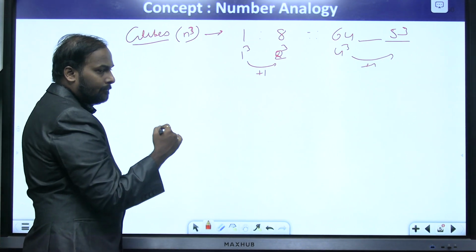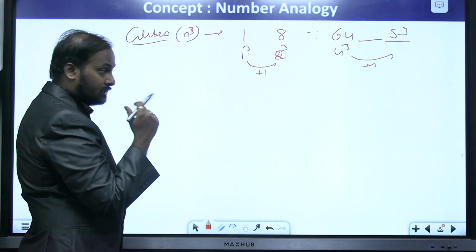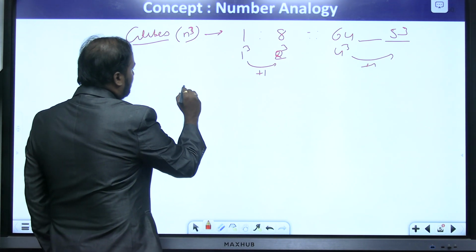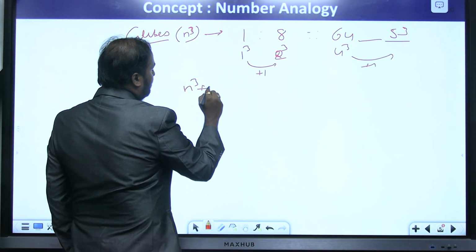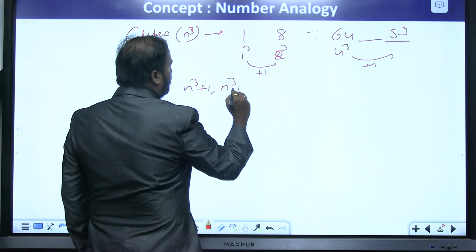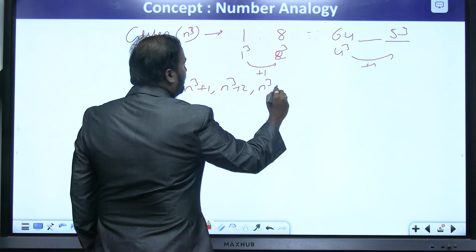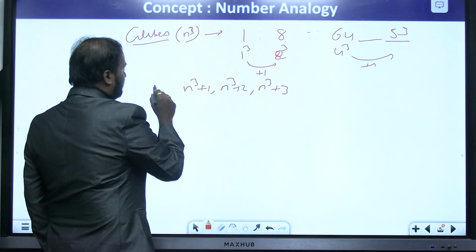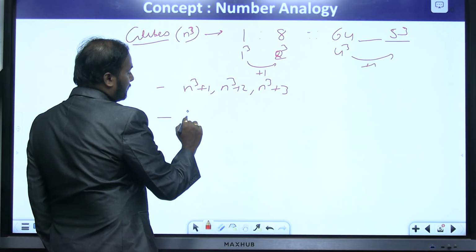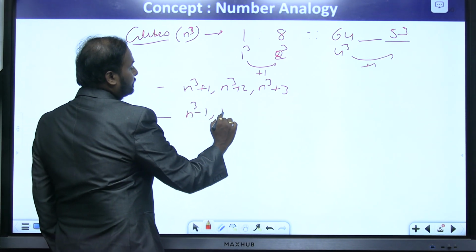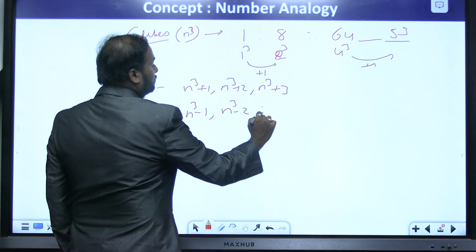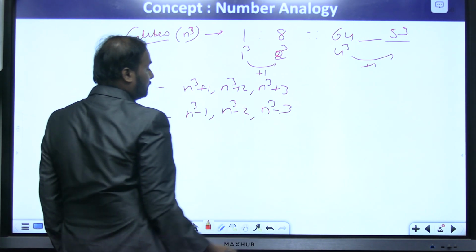Similarly, we can expect many types of questions in this format as well. For example, questions like n cube plus 1, n cube plus 2, n cube plus 3 type, or similarly you can expect questions like n cube minus 1, n cube minus 2, and n cube minus 3.